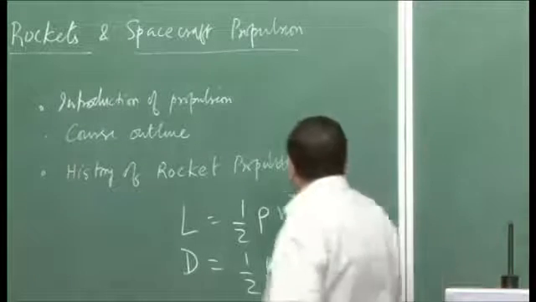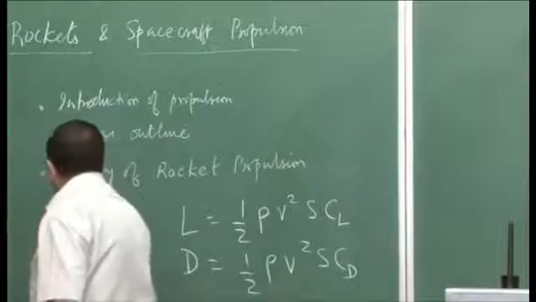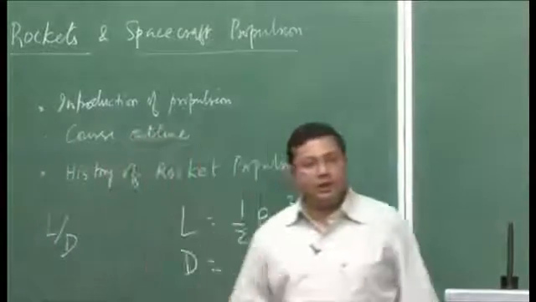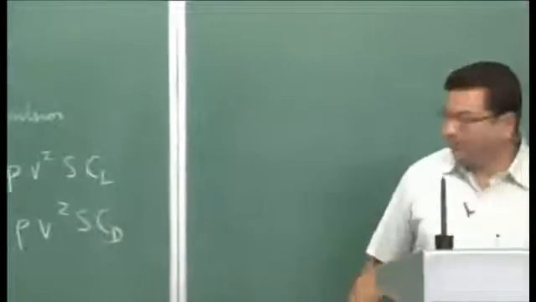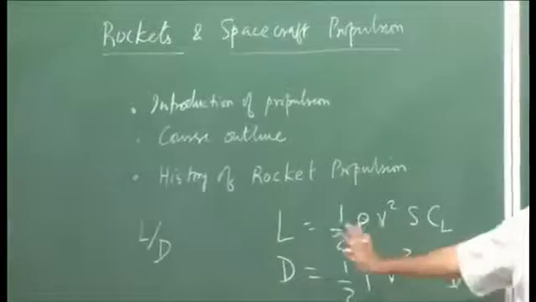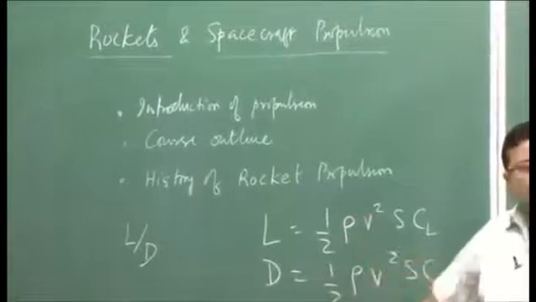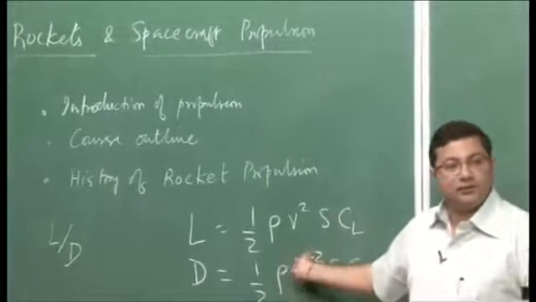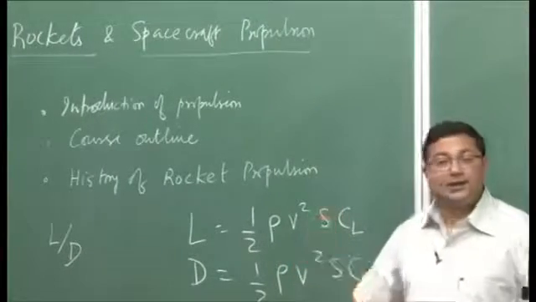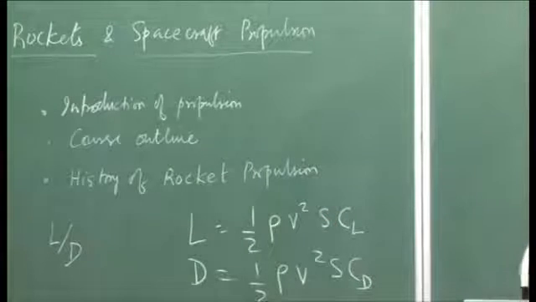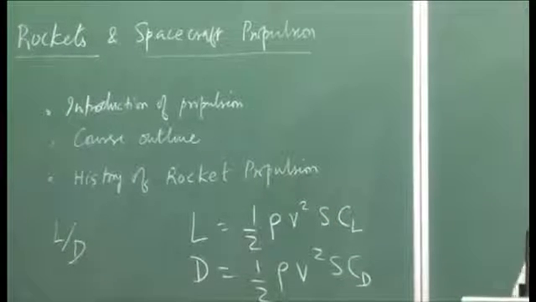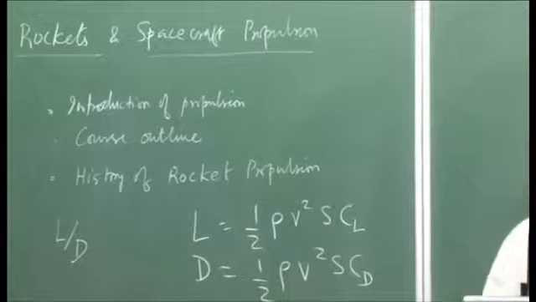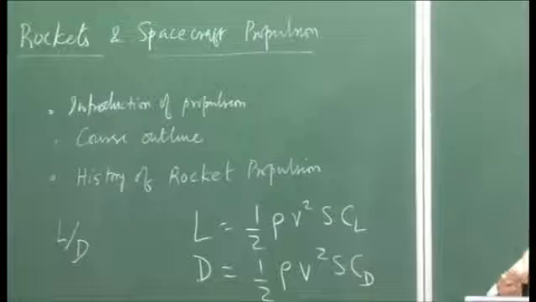Typically, vehicle designers want to optimize the L by D ratio, the lift to drag ratio, but that is beside the point, that is not part of this course. Let us come back to this course. Here, primarily we are generating high velocity, and that is done by using the propulsive thrust. Propulsive thrust is a force that is created that will propel the vehicle at a high speed.